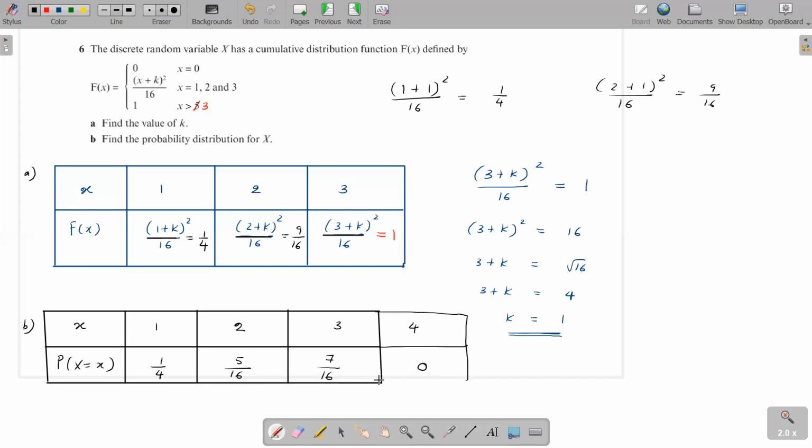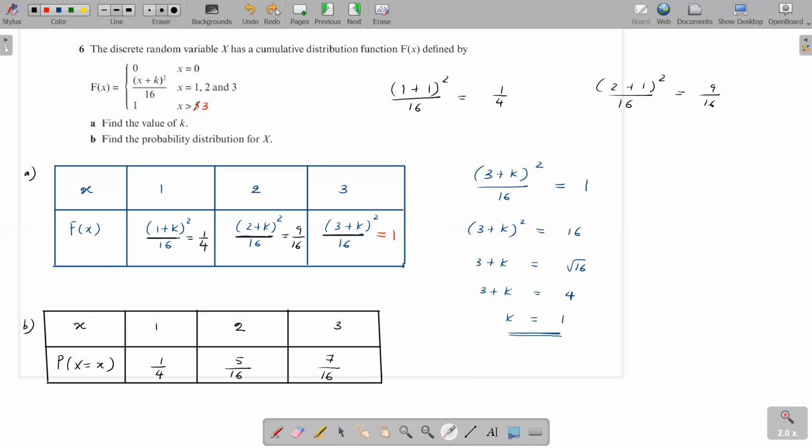If you add the cumulative column for 4, you add all these probabilities: these three give 1, plus this 0, which is again 1. Can you understand? That's why they say when the x value is greater than 3, meaning 4, 5, 6, the individual probabilities are all 0, which means if you make this table longer, it will all be 1. That's why you have this. Is this clear?